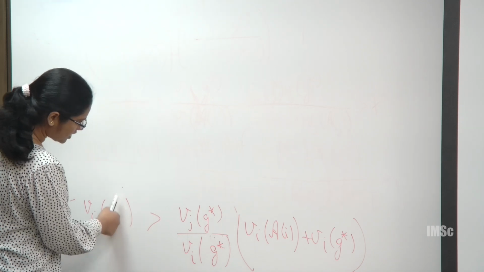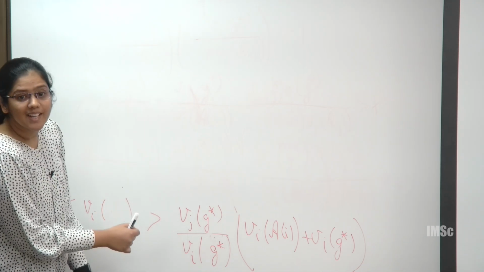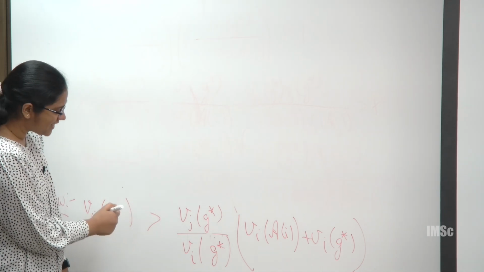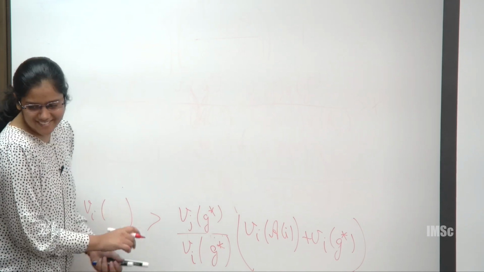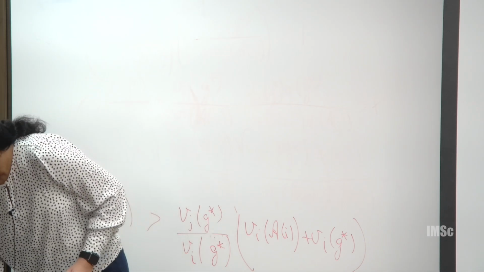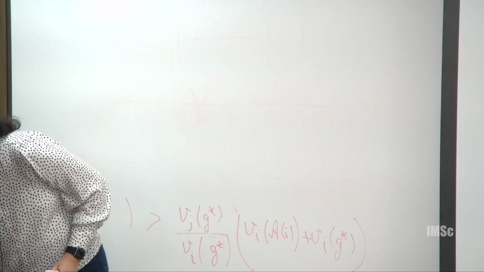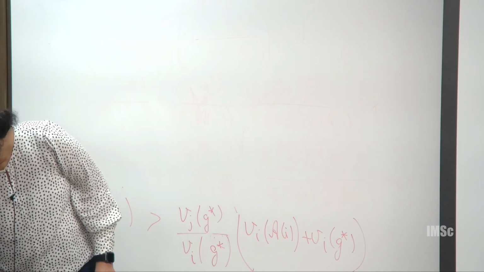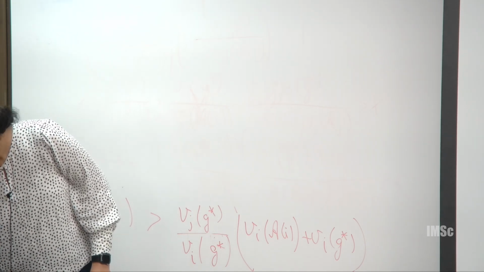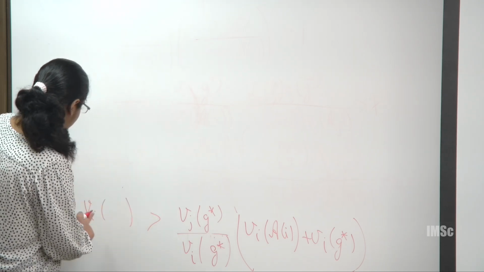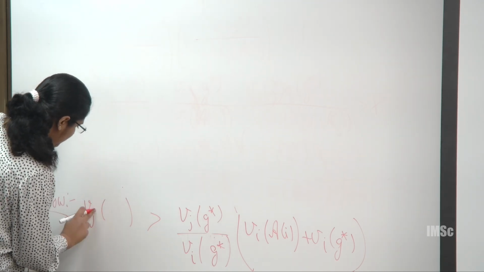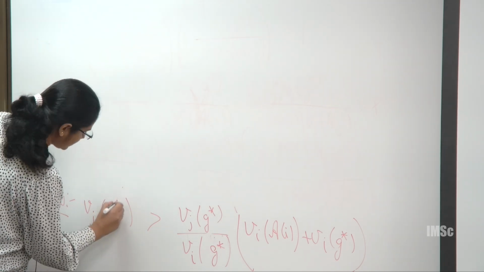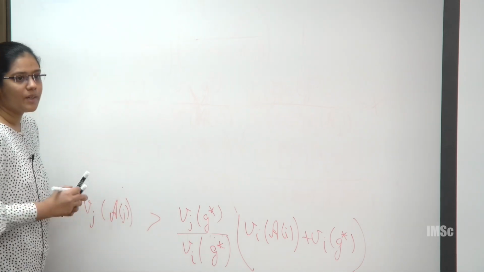I think it was J. It was J? It was not G star. G star is the one I moved here. V_j A_j, you are right. It was V_j A_j. Okay, this was it.